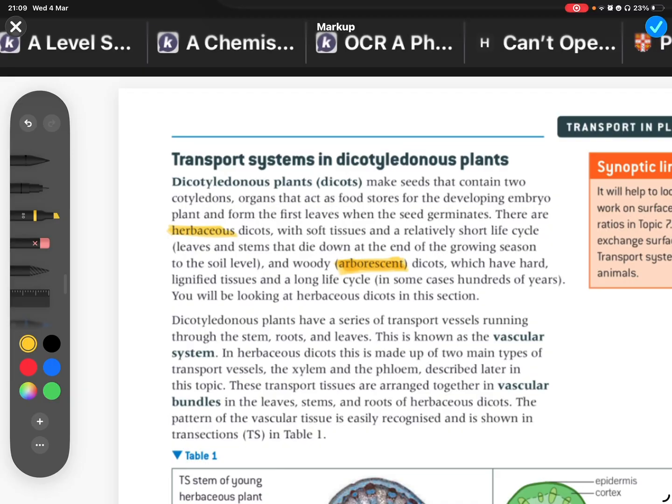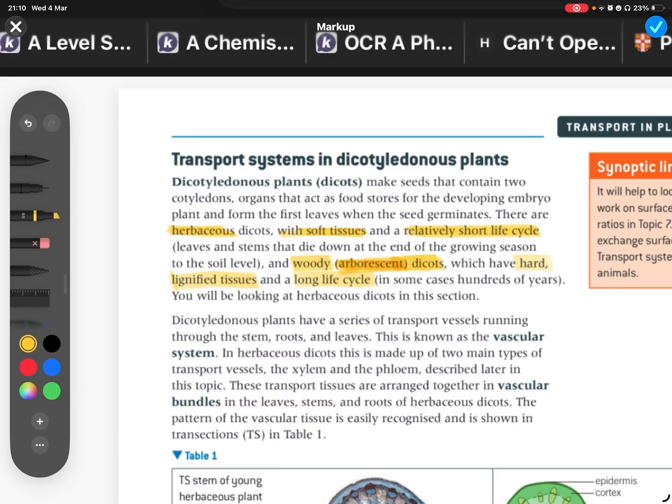Herbaceous dicots are dicotyledonous plants with soft tissue and a relatively short life cycle. Put that on a flashcard. Arborescent dicots, on the other hand, are described as woody. They have hard lignified tissues and a long life cycle. Put that on a flashcard.